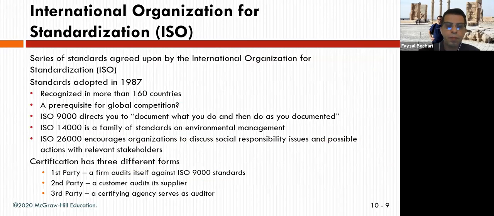Now, we're not going to talk about ISOs a lot, but we're going to touch on them. ISO stands for International Organization for Standardization. There are so many of them, but the most famous one started in 1987, and now it's recognized by 160 countries.